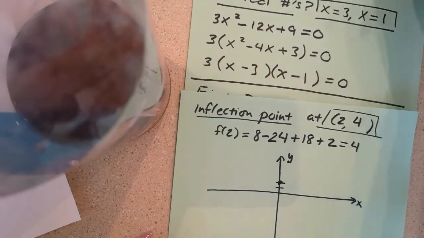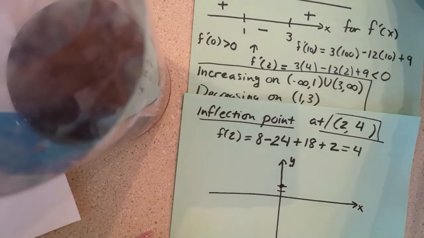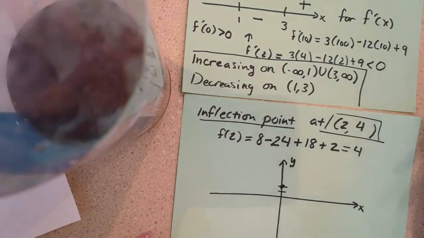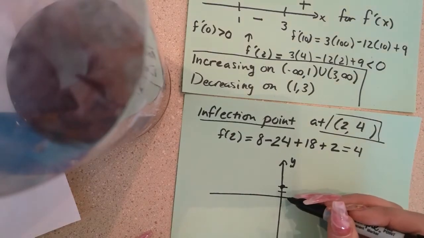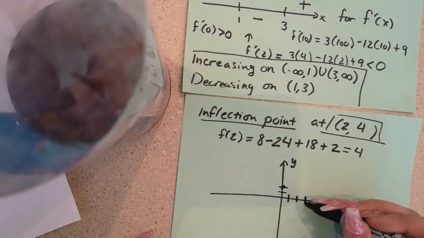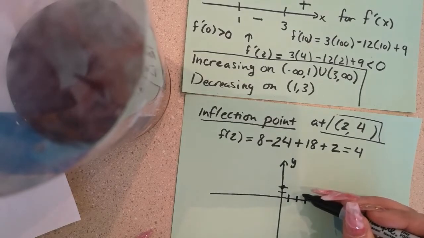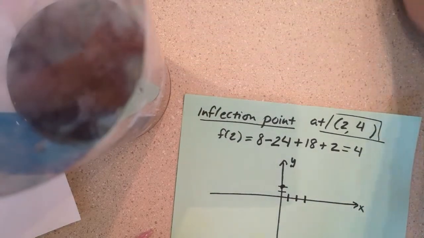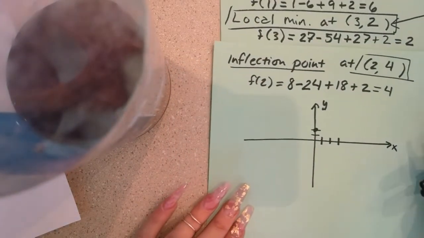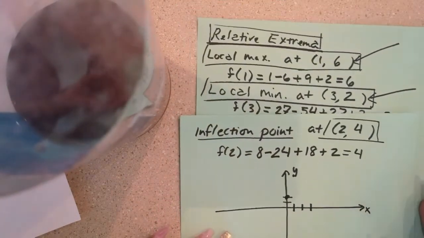Let's see, critical numbers. Okay, I have my intervals of increase and decrease. Okay, let's see, so up to 1, increasing. 1, 2, 3, decreasing, and then increasing again. Okay, let me see. I'll come back to that. Here are my local extrema. So those will be easy to include.